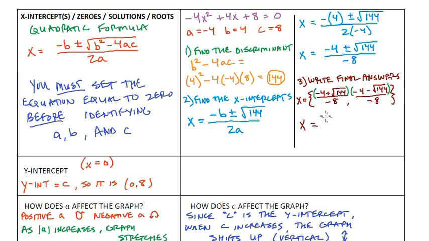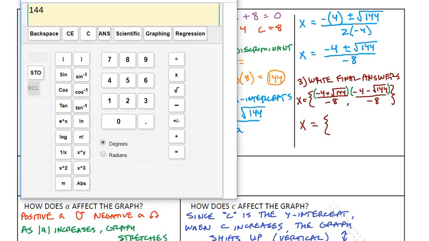Our x-intercepts are going to be equal to, let's bring the calculator up and see if we can get these. So we've got, in parentheses, -4 plus the square root of 144. Now I'm going to close the parenthesis on my square root, just like you would in your calculator. Then I'm going to close the parenthesis on my numerator.